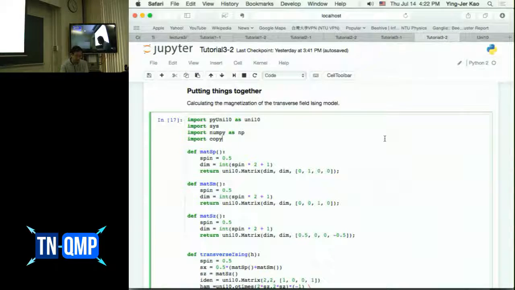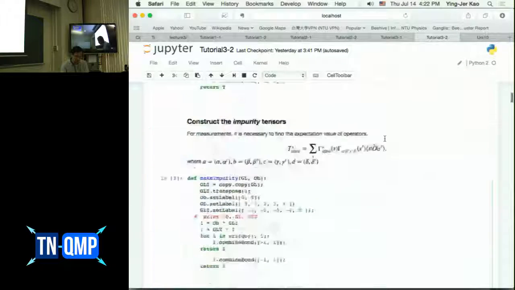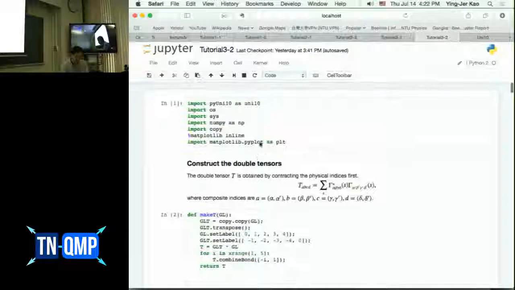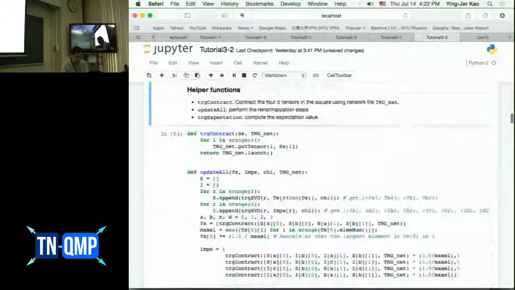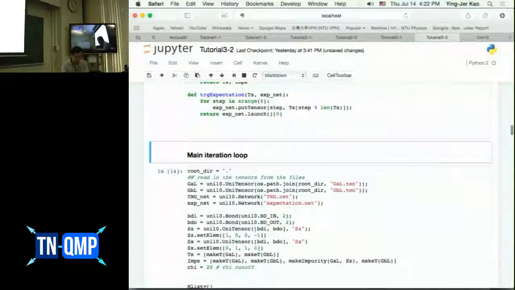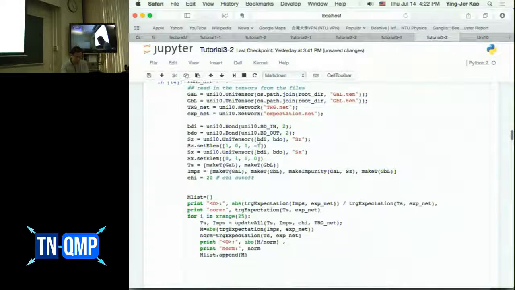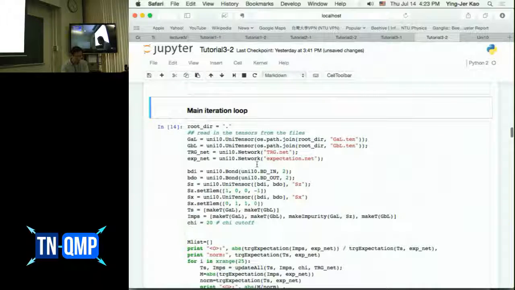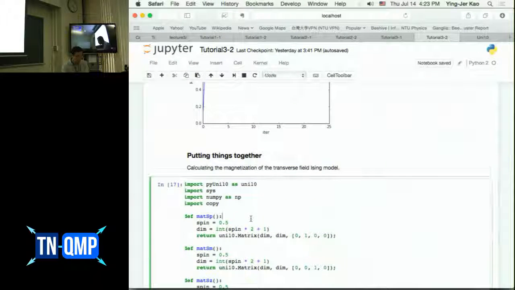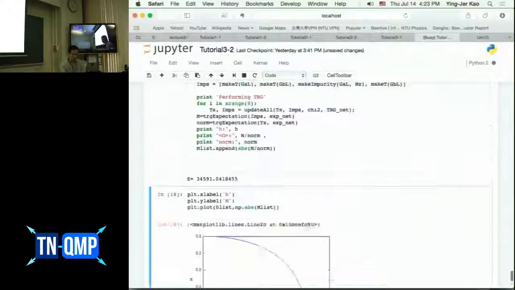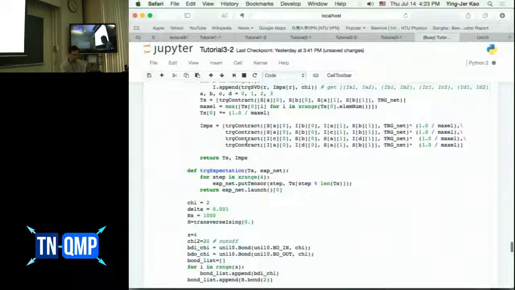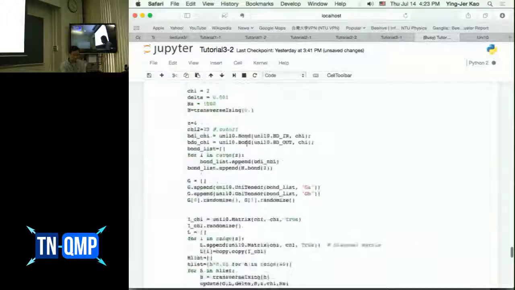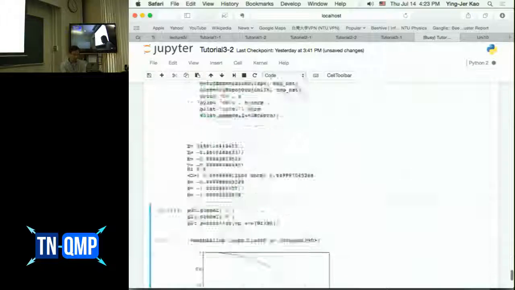Then we can run the transverse Ising model.